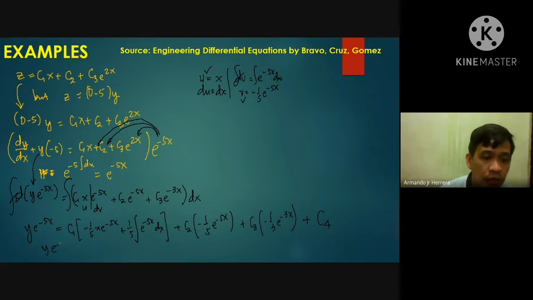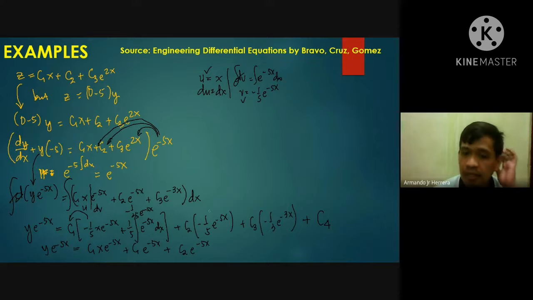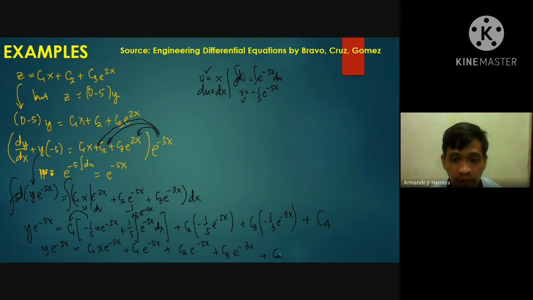So you have y e to the minus 5x is equal to C1 times that is C1, so C1x e to the minus 5x. Then integral of that is negative 1 over 5 times that is negative 1 over 25 e to the minus 5x times C1 is still C1 e to the minus 5x, plus C2 e to the minus 5x, since negative 1/5 times C2 is still a constant, plus C3 e to the minus 3x, since negative 1/3 times C3 is still C3, plus C4.